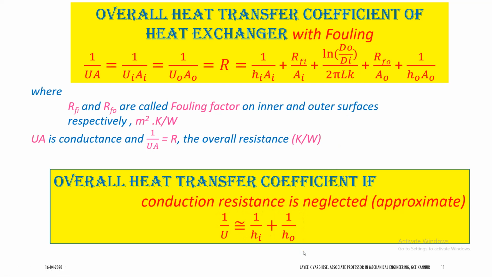If it's instructed in the problem, you can neglect the conduction resistance. So 1 by U is approximately equal to 1 by HI plus 1 by HO. Here AI and A out are considered not to be much different. You can say that the surface is very thin, the wall is very thin.